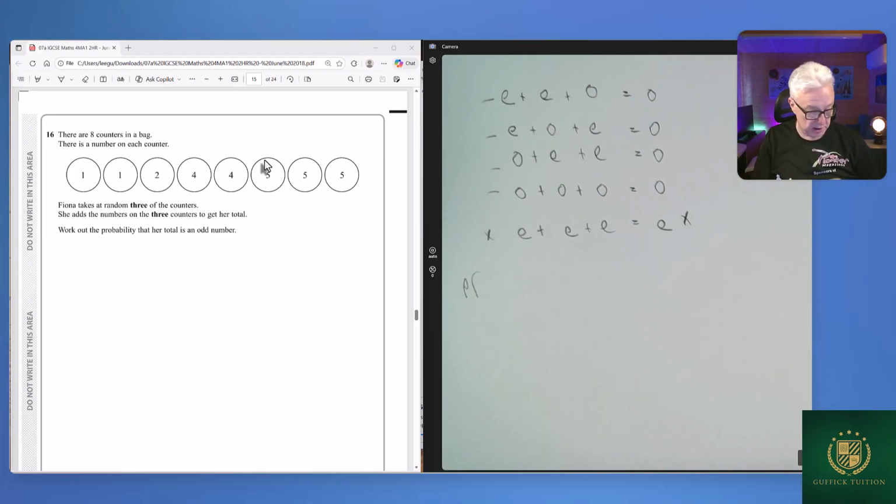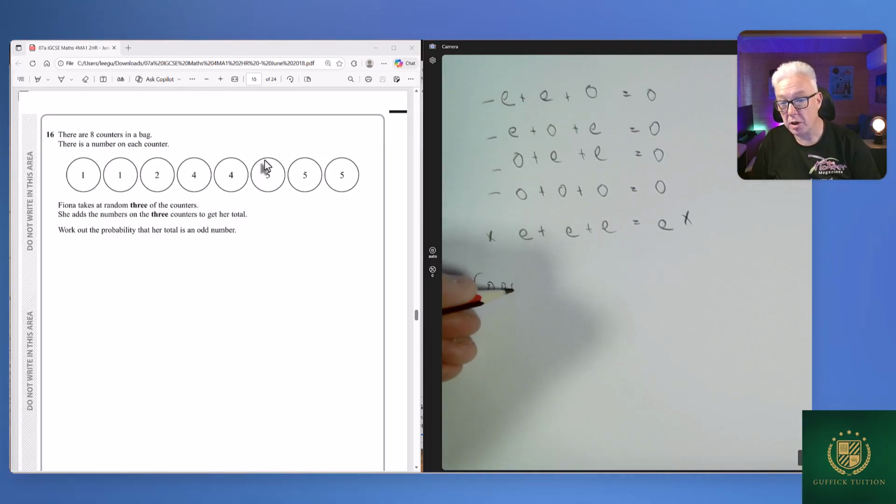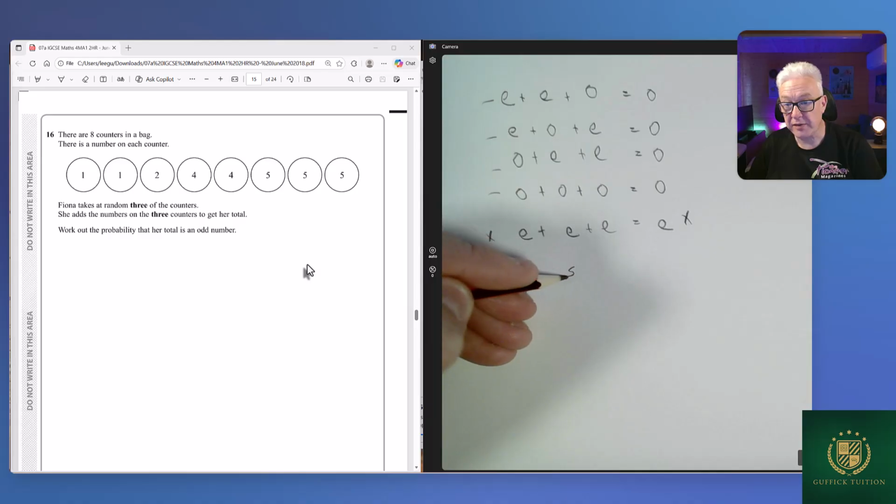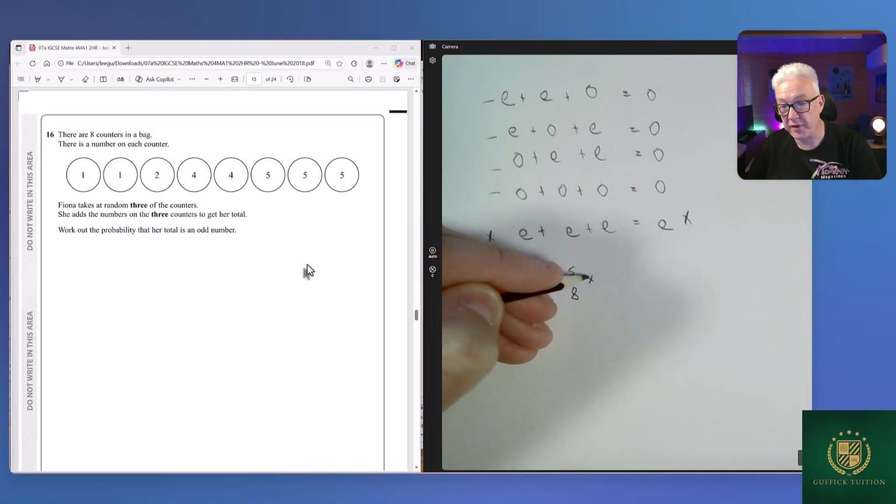So first of all, let's do the probability of Fiona selecting odd. How many odds have we got? We have got 1, 2, 3, 4, 5 odds out of the 8 counters. So that's going to be 5 over 8 is the probability of odd.